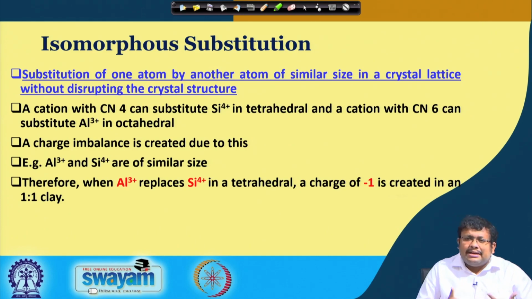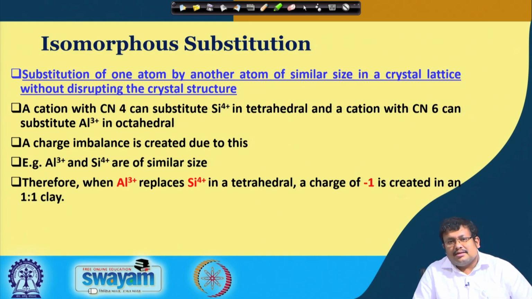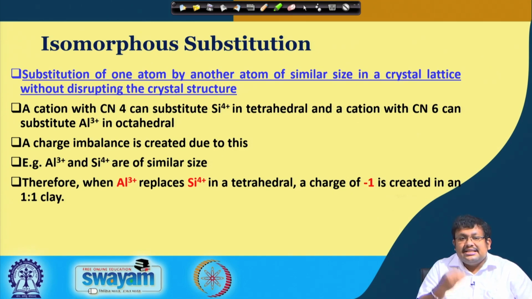Now, what is the implication of this isomorphous substitution? Remember, when we are substituting a cation with another cation of different valency, in case of the tetrahedral sheet, when we substitute a silica cation which has 4 valency with an aluminum cation with 3 valency, then obviously there will be a charge imbalance.